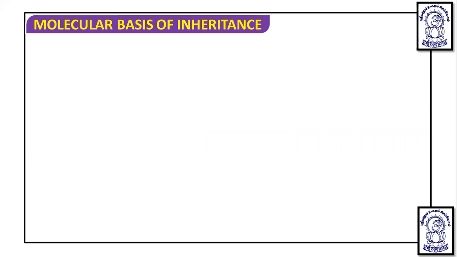So these all are the properties, or salient features, of the genetic code. If we want to understand these properties of the genetic code in more detail, we can do so by solving some questions. So let's solve one question.